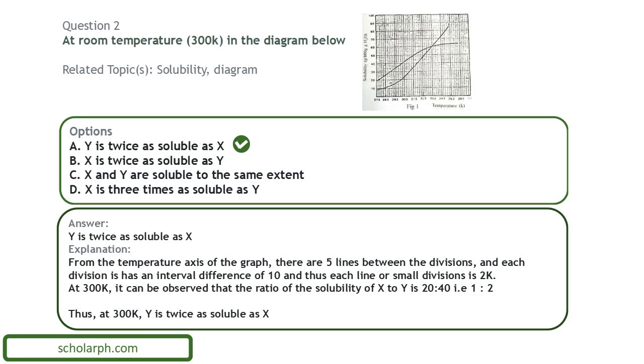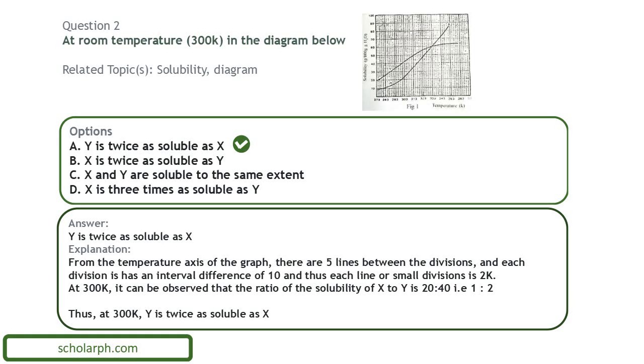While the solubility of Y at that same temperature, we trace it up to this line for Y, it is about 40 something. If we take the ratio 20 to 40, you will get something like 1 ratio 2 point something. Approximately we can say 1 ratio 2.